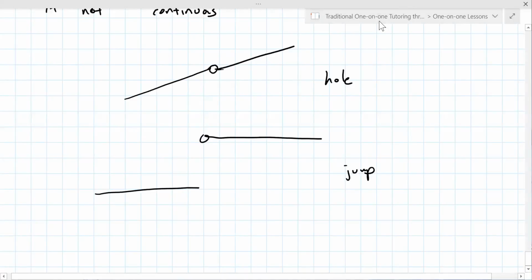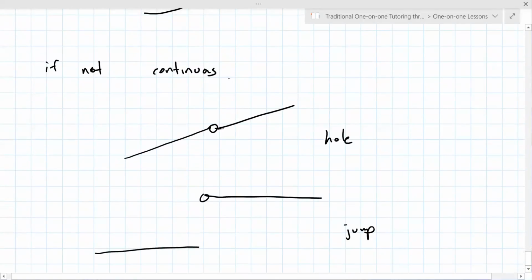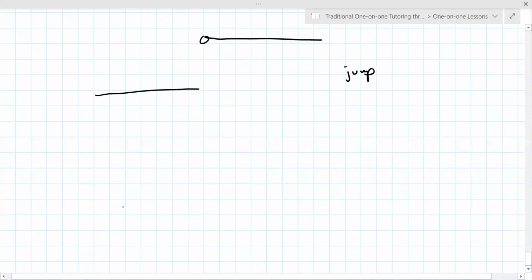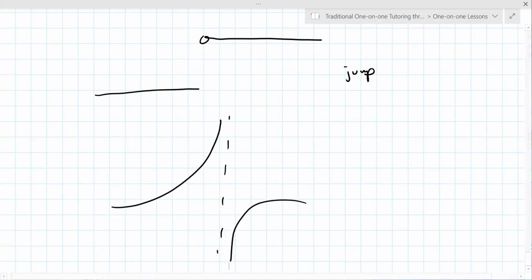None of these are differentiable at that point. These are never differentiable. But you've got to be clear, it's at this particular point. And then the last one is the asymptotes.